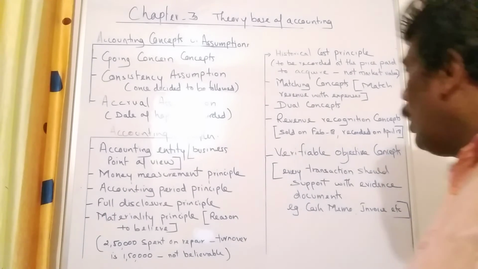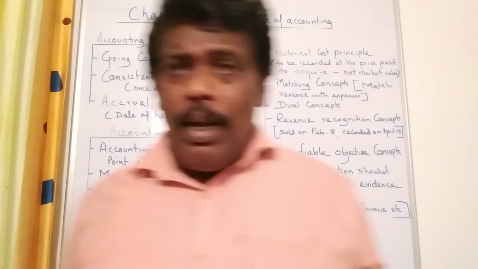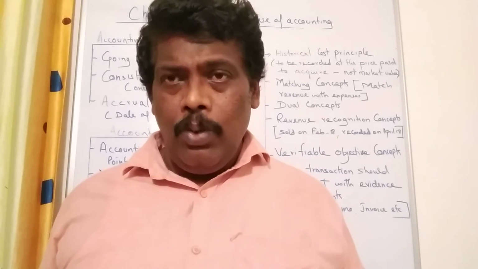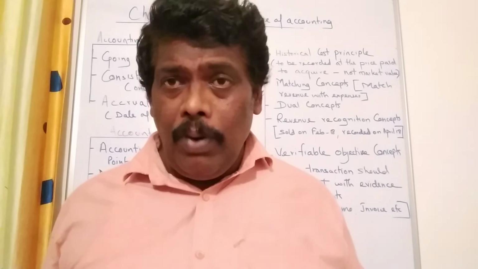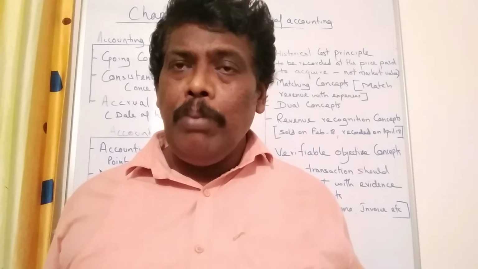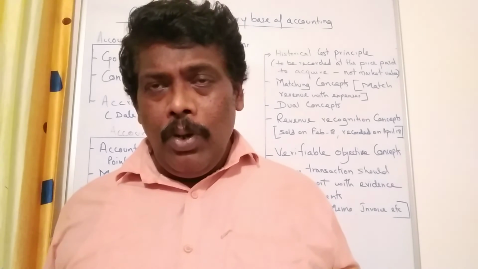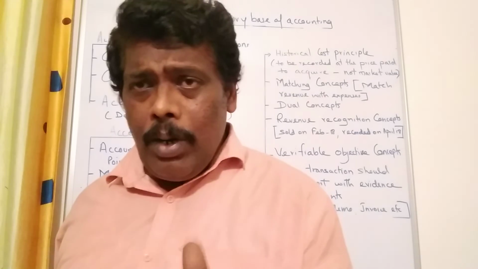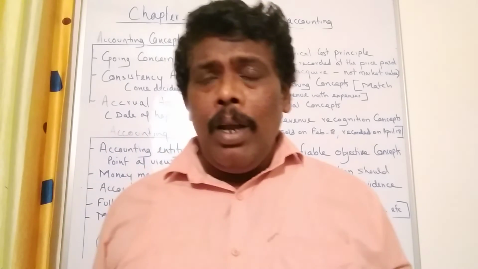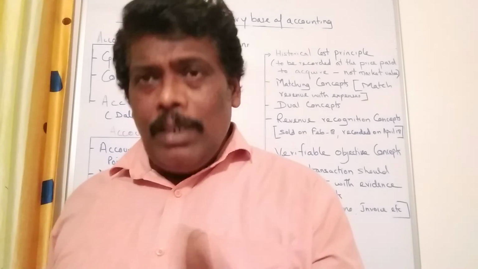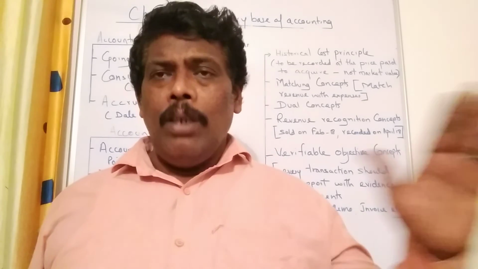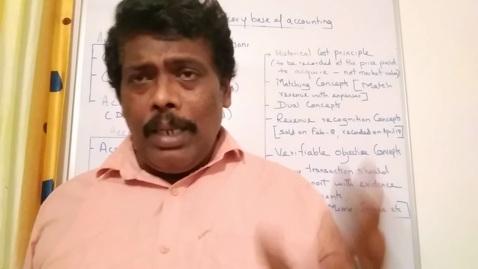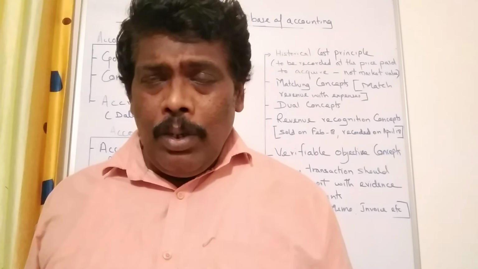Next, verifiable objectives. Verifiable objectives says that as we are passing a transaction in the accounting book, we should keep one proof, one evidence in the form of a document. For example, a bill or a cash memo, which verifies that the transaction took place on a particular date, at a particular time, and the concerned officer signed, or was authorized to pay the amount or to receive the money.